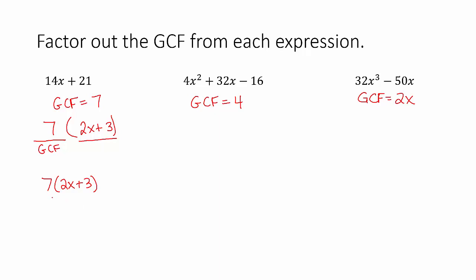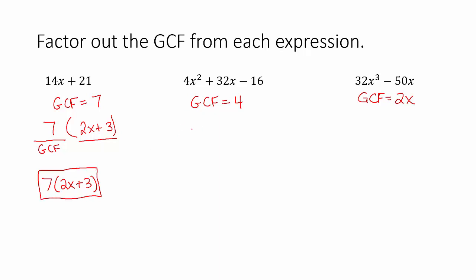I also like to think of this as undistributing. Because if this is where we started and this is where we wound up, it kind of looks like a problem where you feel like you want to distribute. We did the undistributing work here. So this would be our final answer.